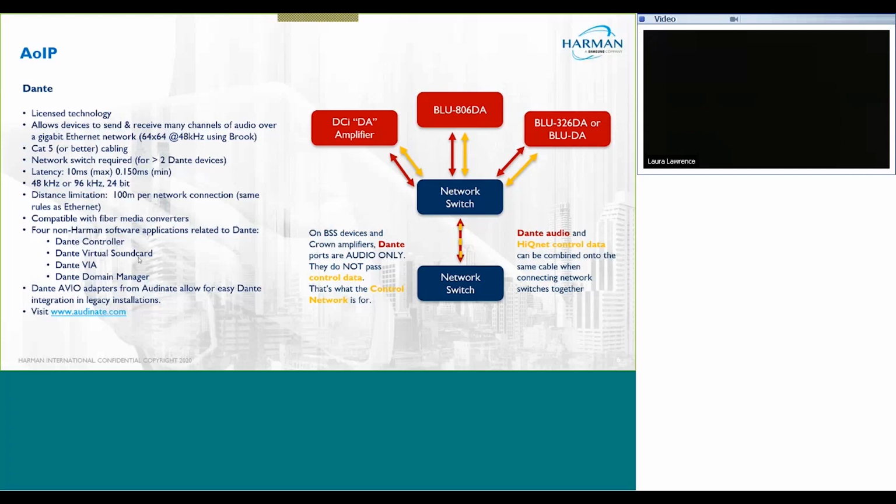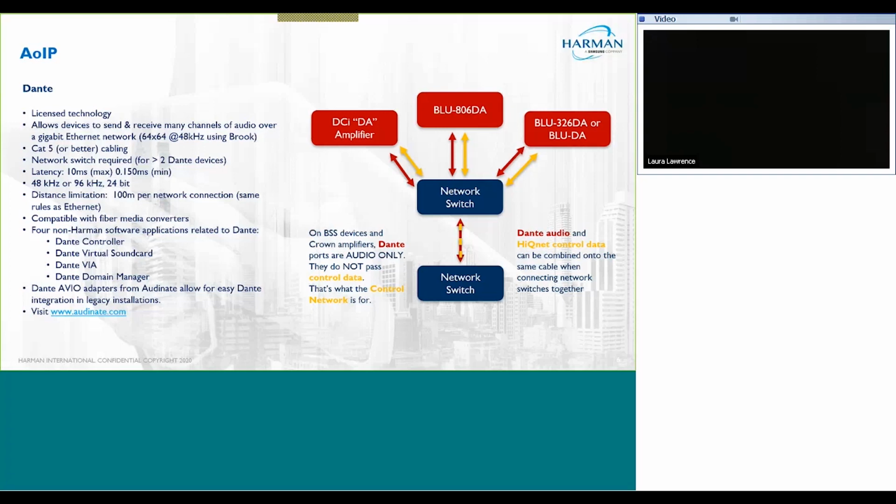Same thing for Dante Via. Dante Via is a little different than Dante Virtual Sound Card. It allows me to take any app on my computer and make that application its own source that shows up in Dante Controller.